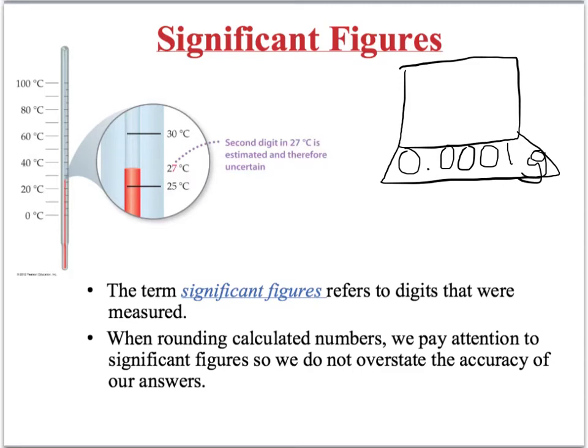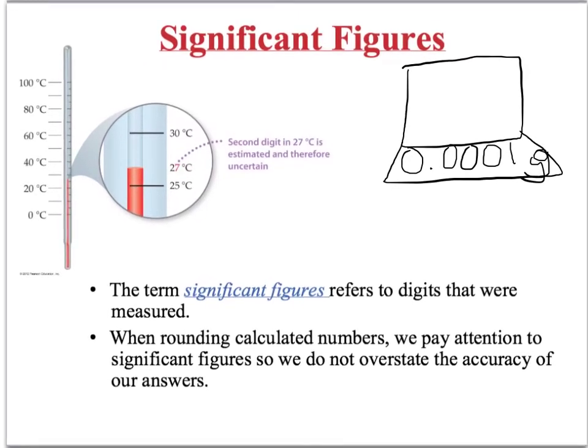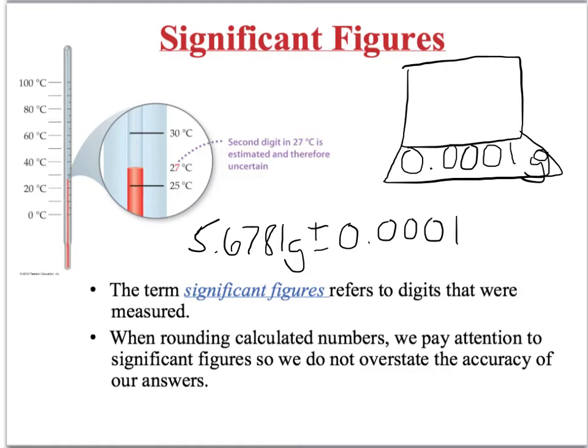So if we measure an object and find that it is 5.6781 grams, we would say that it's plus or minus 0.0001 grams, because that's how accurate this scale is.